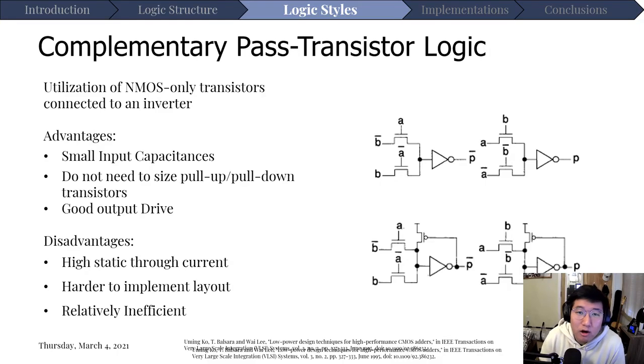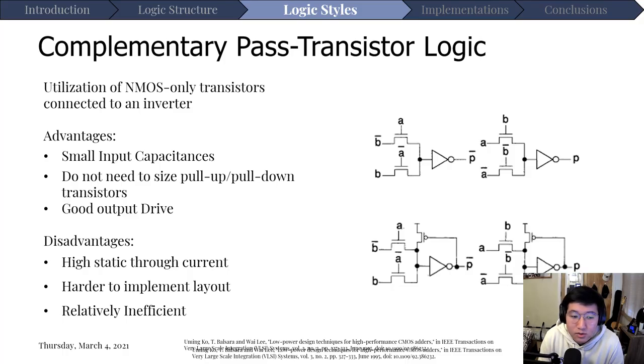So now we'll talk about our first alternate logic style, and that's complementary pass transistor logic, also known as CPL. CPL is a pass transistor logic where it utilizes only NMOS transistors, and the output of the NMOS transistor network is connected to an inverter.